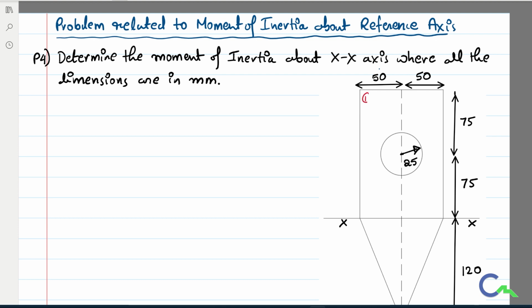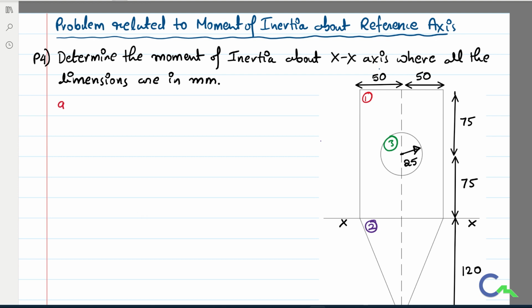I will take the rectangle as component 1, the triangle as component 2, and the circle as component 3. After taking these, I will calculate A1, A2 and A3.